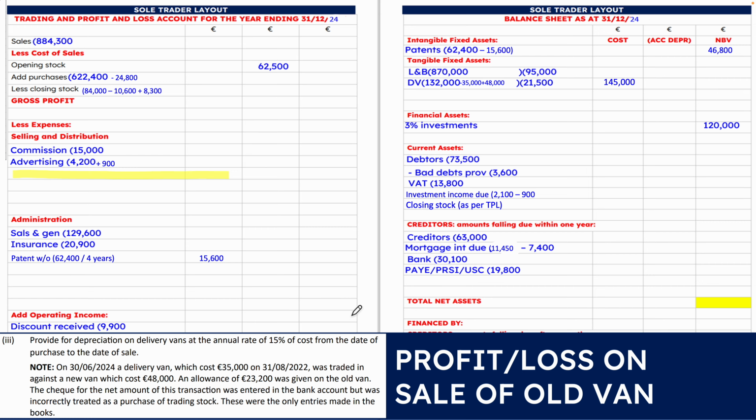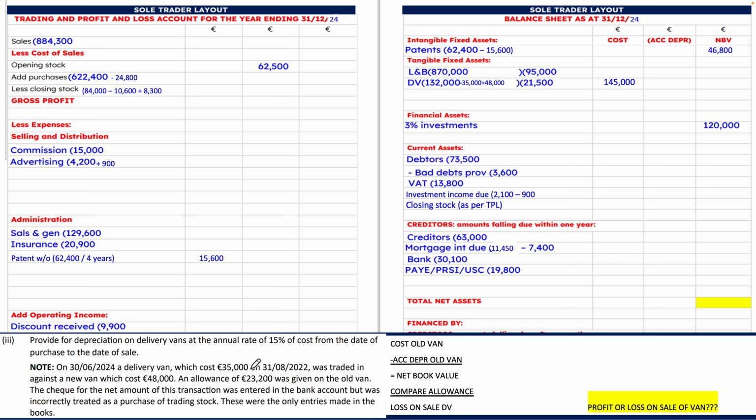So every time we get rid of a fixed asset, and in this case it's a delivery van, we have to work out, did we make a profit or a loss on the sale of that fixed asset? So right now we're looking at the delivery vans, and we know that our delivery van cost 35,000 euro on the 31st of the 8th 2022.